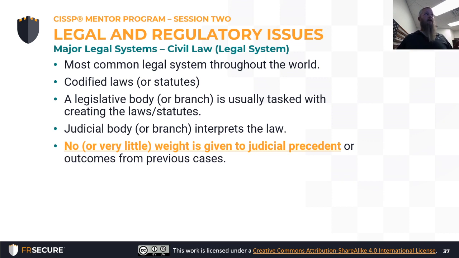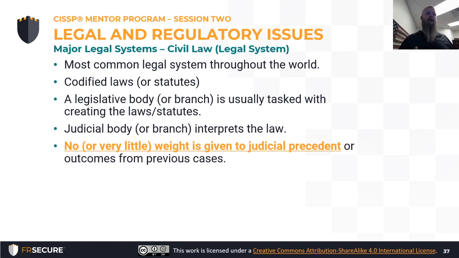The big thing about civil law is that there's really no precedent. They don't put a lot of weight on previous case law. As cases get interpreted by the courts, they don't put any weight on how another court in another jurisdiction interpreted the law.